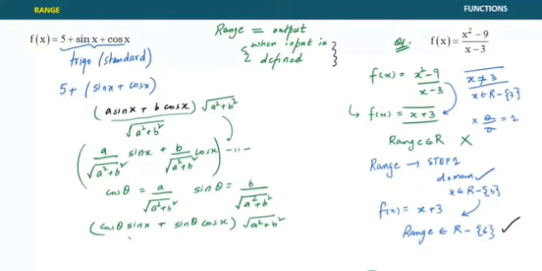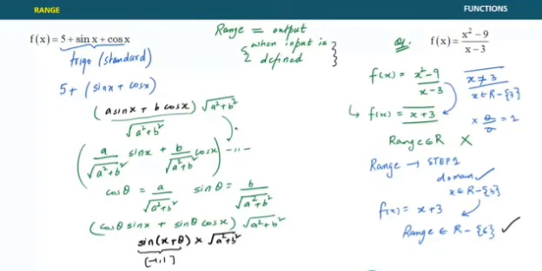Okay. And what is this formula then? Yes, so this formula actually reduces to sin of (x plus theta) into under root a square plus b square, right? And what is the maximum and minimum value of this then? So we know that sine for any value will be between -1 and 1.